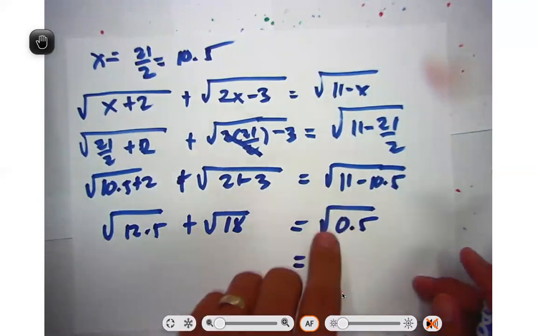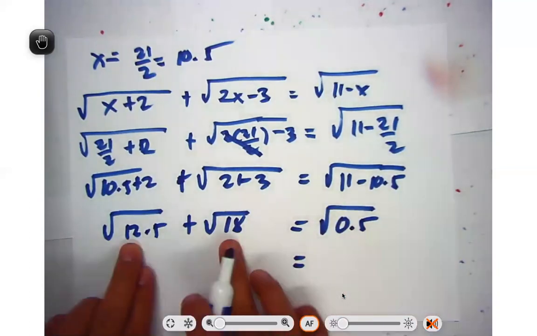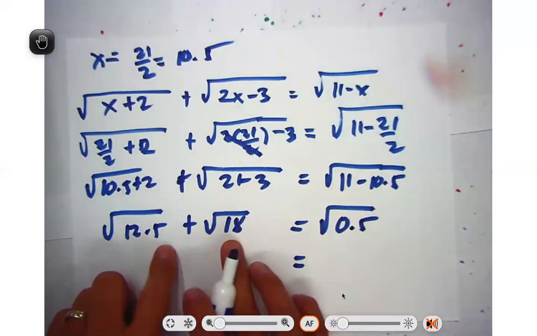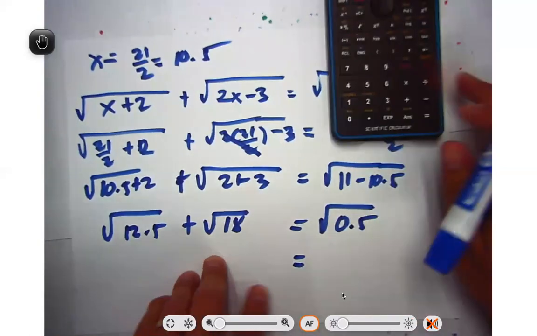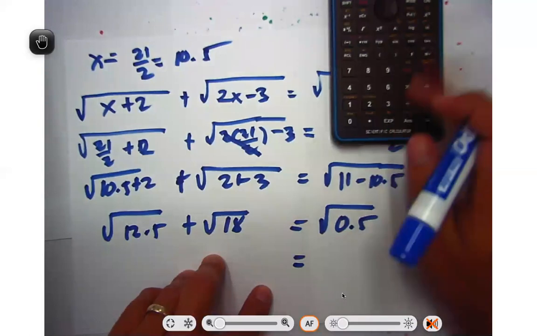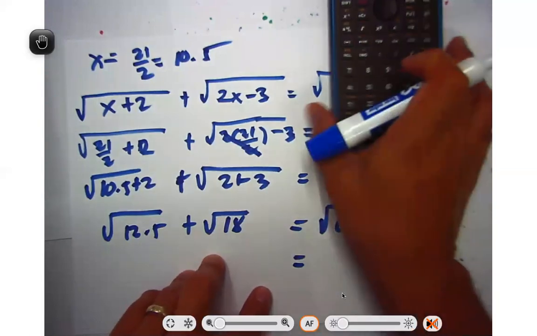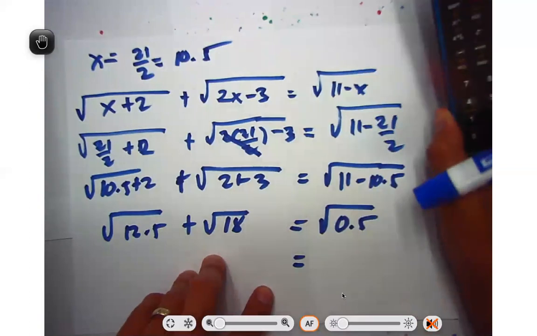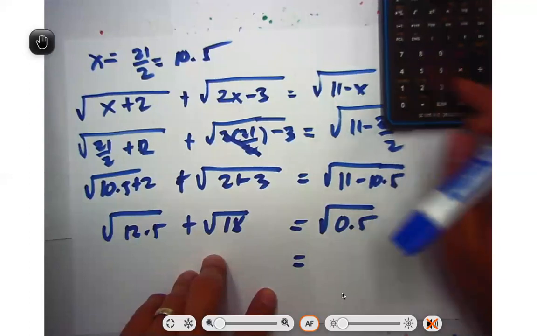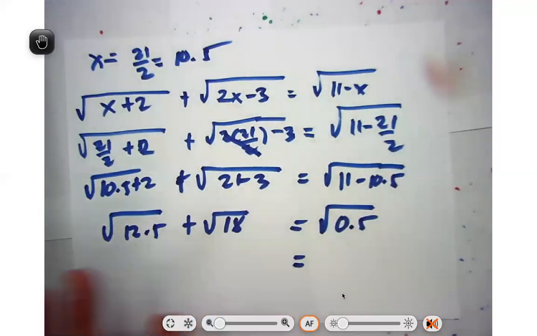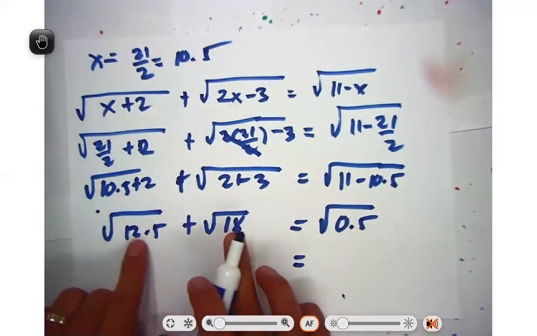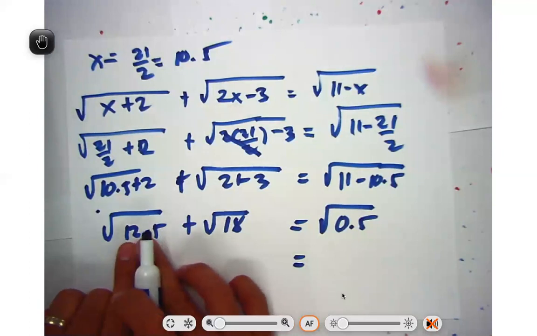Well, square root of 0.5, you cannot add this because they are different numbers. But when you use your calculator, it's not actually equal. So let's say square root of 12.5 plus square root of 18, they're not equal. It's 7.77, while the square root of 0.5 is 0.7. So they're not really equal. And by just looking at this, you cannot add this because they are different radicals.